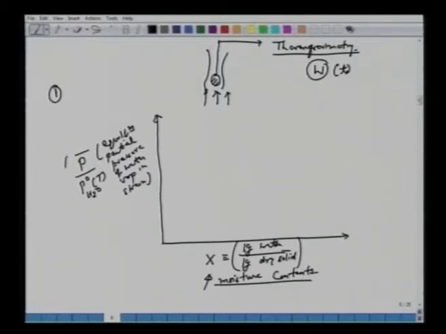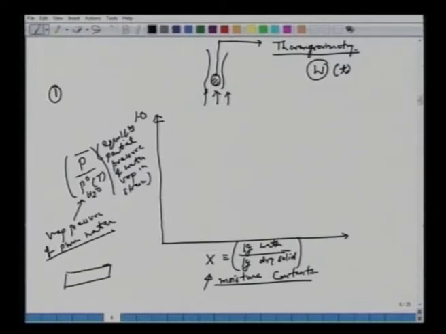Okay, and all we have done is non-dimensionalize by the vapor pressure of pure water. All right, this vapor pressure of pure water at a given temperature is fixed. It's just one way of non-dimensionalizing. So maybe here it's 1. So we are talking now of P bar, the equilibrium partial pressure.